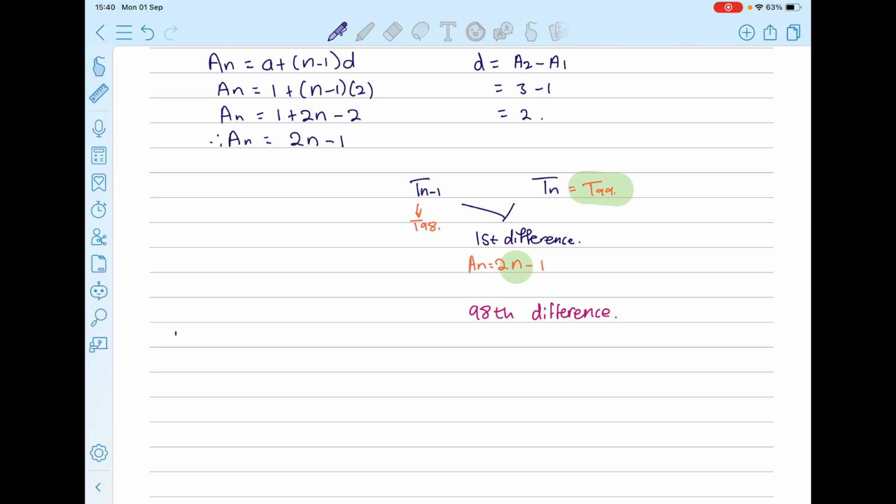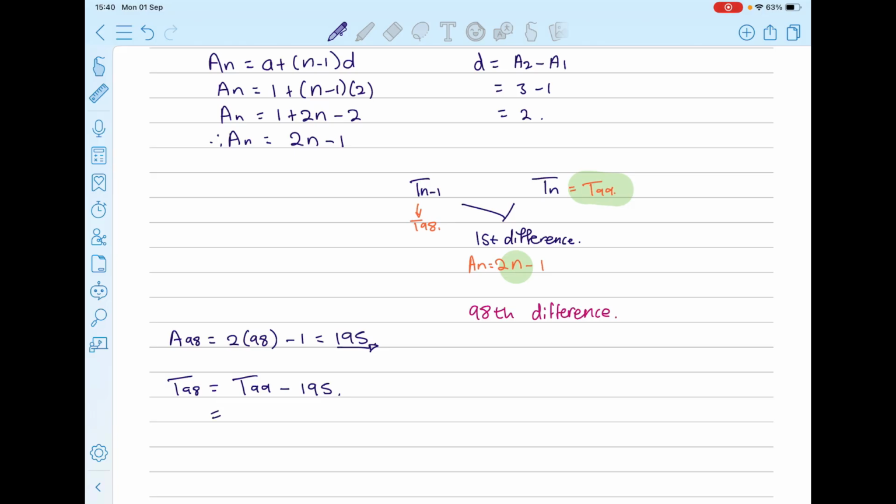All right, so we're looking for A98, which is the 98th position. So that will be 2(98) minus 1, which will be equal to 195. Okay, so now we know that T98 will be equal to T99 minus that 195, which is the difference between the two terms.